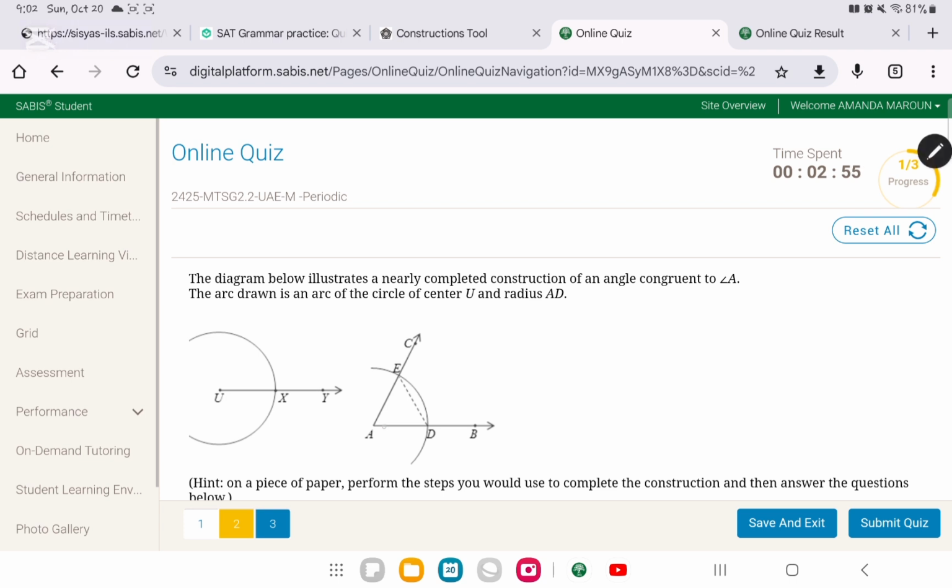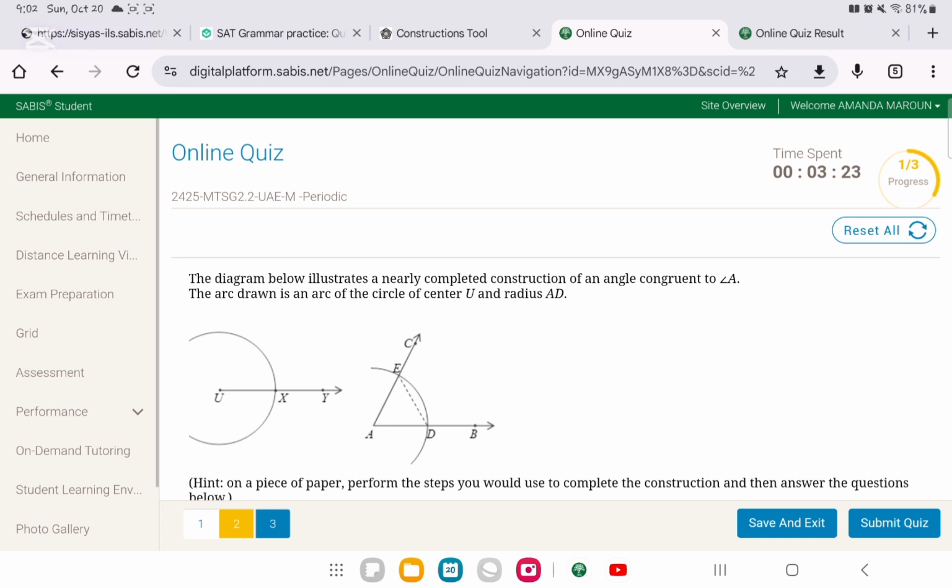Then they measured AD and drew an arc with the random radius AD that cuts ray AB and ray AC at points D and E respectively. Then, what did they do with the same radius AD? From center U, they drew an arc that will cut the ray at a point X.